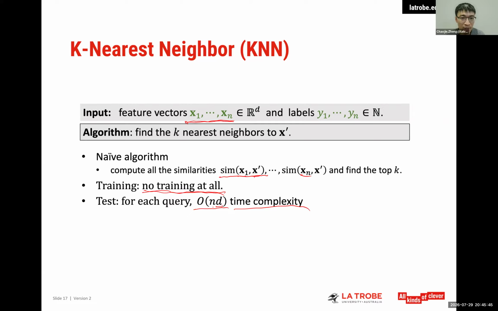And this n means it needs to calculate this distance n times because it has n data points in the training input. So that's why the time complexity is at the level of O(nD). Okay. So this would be the k nearest neighbor.